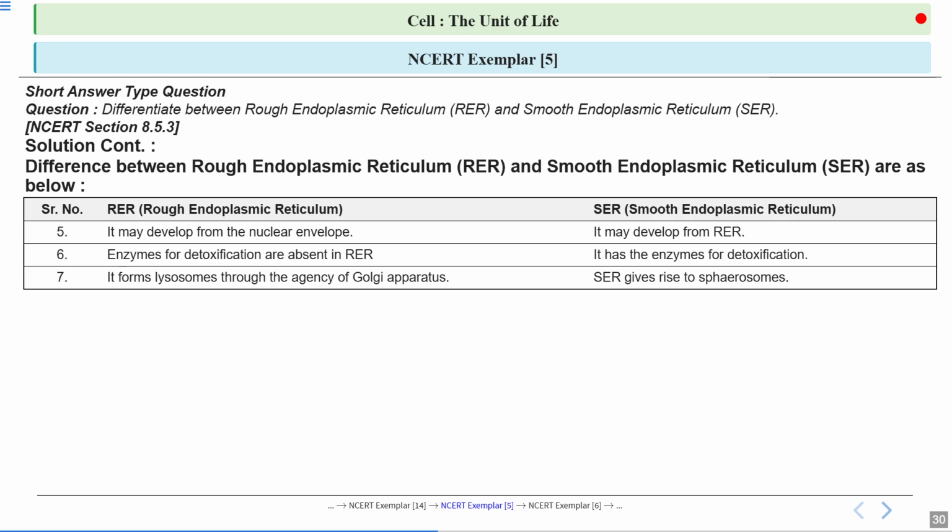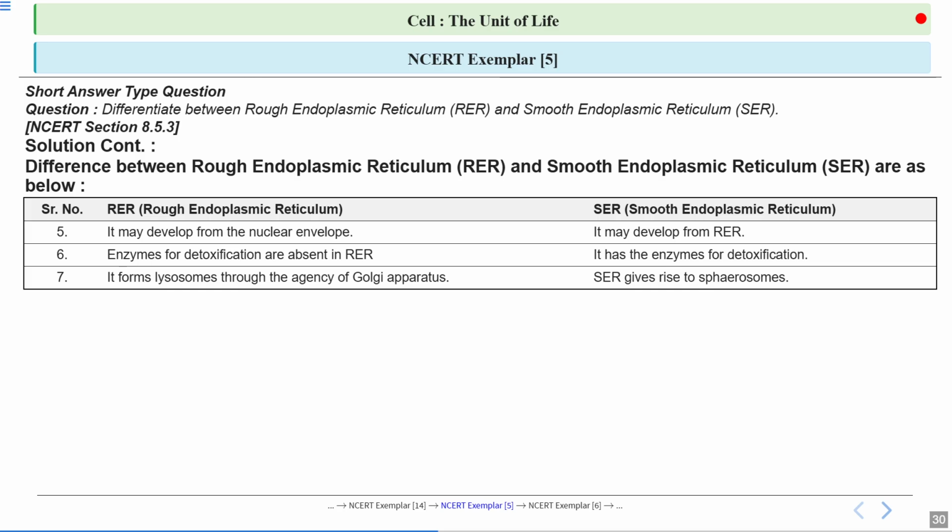Enzymes for detoxification are absent in the case of RER. Yes, detoxification enzymes that are required are not found in the RER, but enzymes required for detoxification are found in the SER, smooth endoplasmic reticulum.